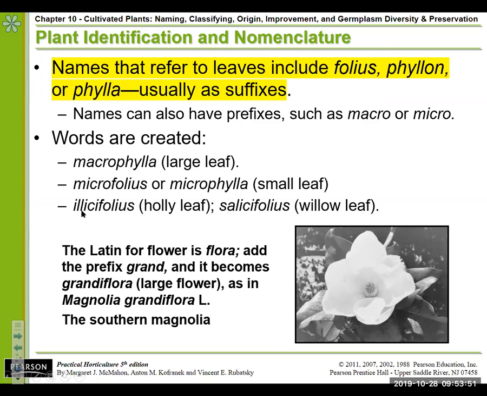Down here at the bottom, ilicifolius is like a holly-shaped leaf, or salicifolius, a willow-type leaf, where that first part is referring to the genus of those plants. The Latin for flower is flora, so then we add a prefix such as grandi, which means grandiflora, being large flower. So the southern magnolia, for instance, Magnolia grandiflora, a magnolia with a large flower.